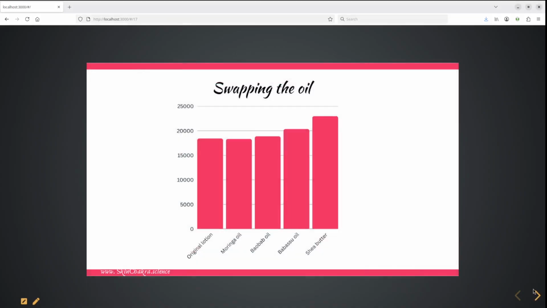Another factor is swapping the oil. By using different plant oils, you will have slightly different viscosities. It depends on the emulsifier and on the oil, and unfortunately there is no general rule which oil you shall take to create higher or lower viscosity.